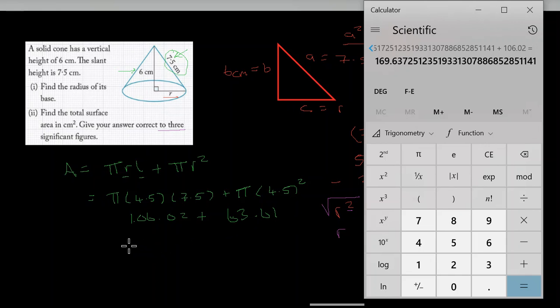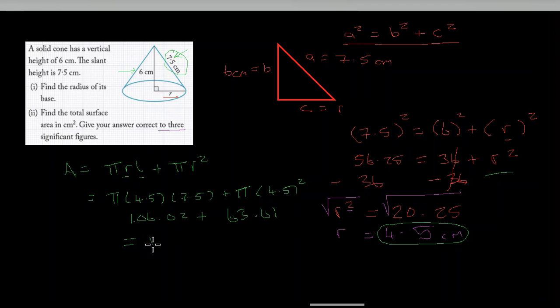So this is the total surface area, and because it's surface area, it's in centimeters squared. Those are the types of questions that you could be asked in relation to this particular type of problem.